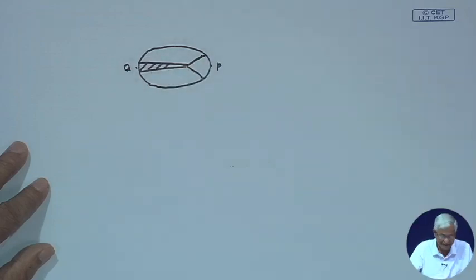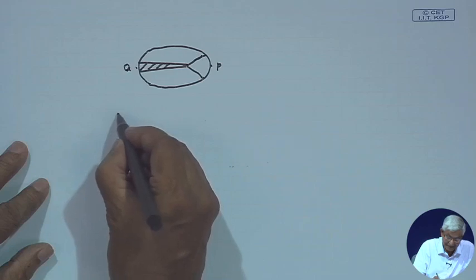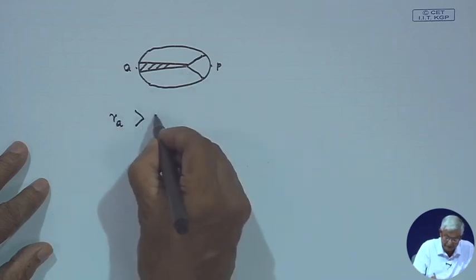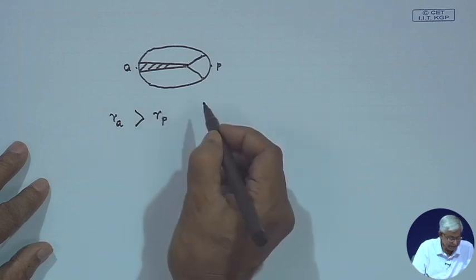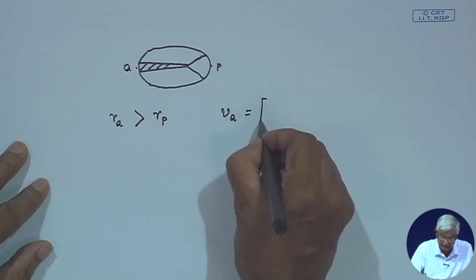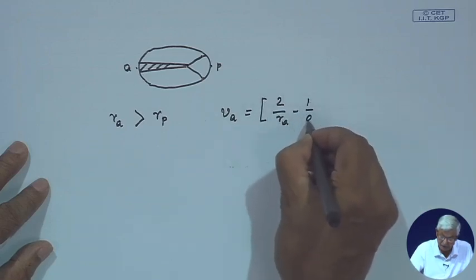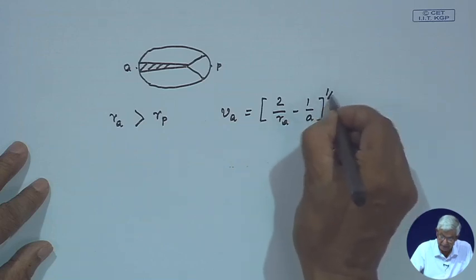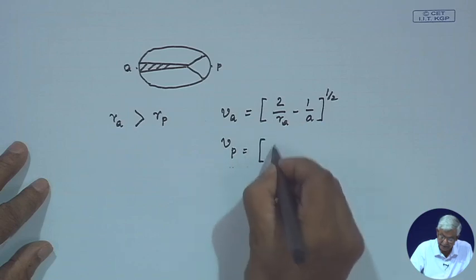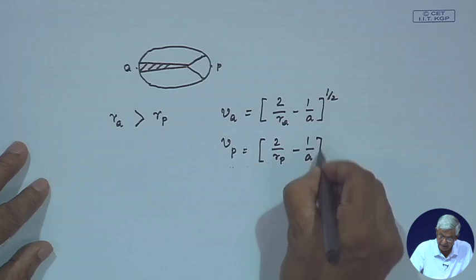So, the answer is already known, but it can also be shown differently. The apogee distance R A is always greater than the perigee distance R P. The velocity at apogee is the square root of (2 by R A minus 1 by the semi-major axis), and the velocity at perigee is the square root of (2 by R P minus 1 by A).